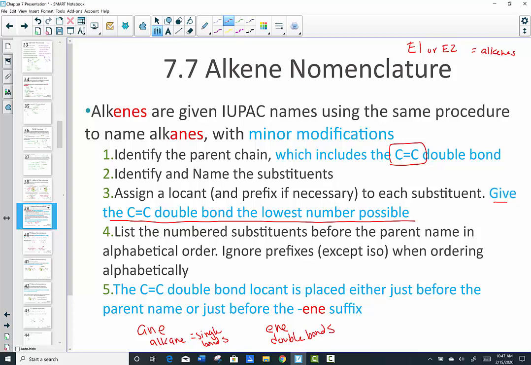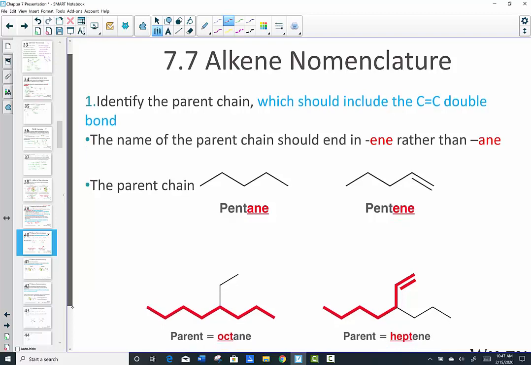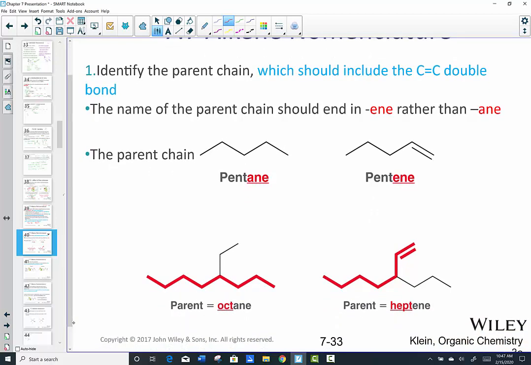Let's try some. Step number 1, we said we need to identify the longest parent chain that must contain the double bond. So for instance, here I can see that I have a 5-carbon parent chain. If they are all single bonds, all sp3 hybridized, we would end this with ane. This is a saturated hydrocarbon.